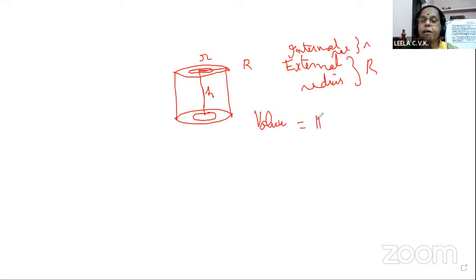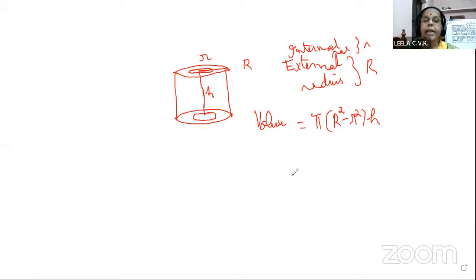So instead of pi r square, we have to write pi into capital R square minus small r square. Capital R, the ring area we have to take, that's why pi into R square minus r square, then height, no problem.